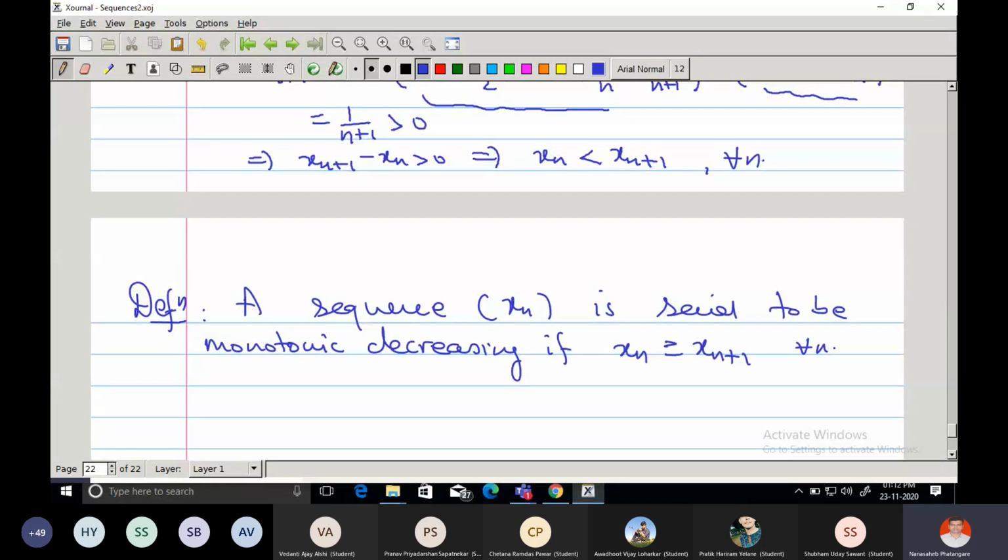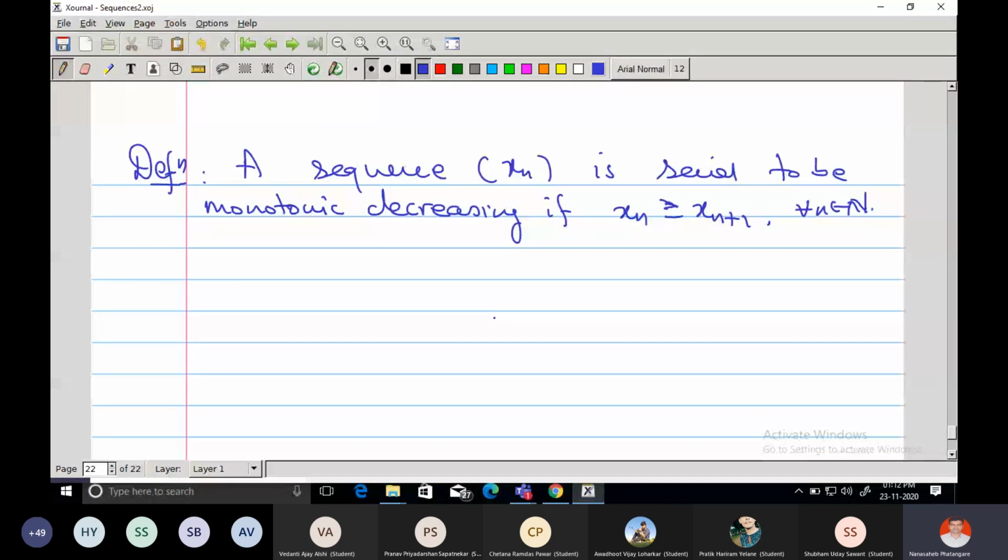Right. So what is the difference here? What is the difference between monotonic increasing and monotonic decreasing? Each successive term is less than the previous term. Right. So the successive term, next term, is less than or equal to the previous term.